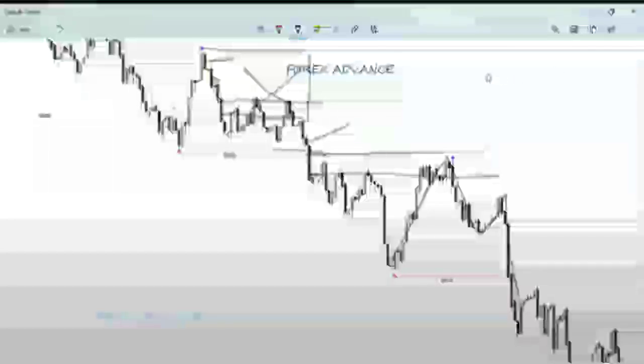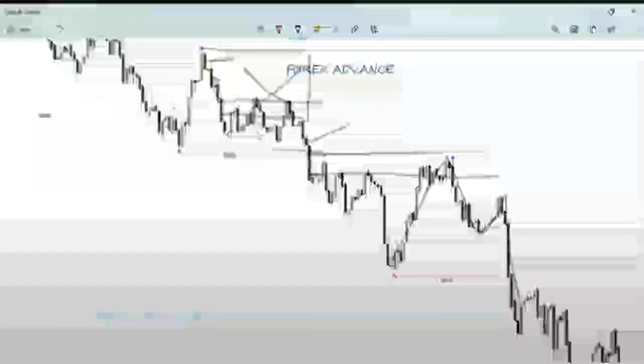So as you can see, if you have to take an entry, you have to gather all these terminologies. You cannot enter a trade just knowing about the imbalance, or just the order block, or just the order flow. You have to consider all these terminologies and find all these points.